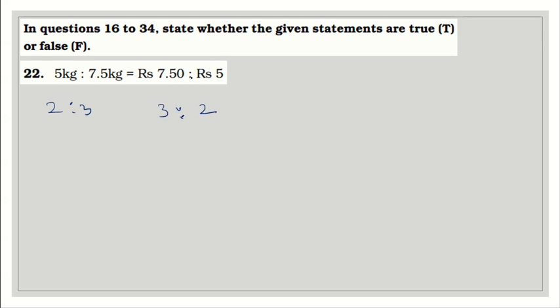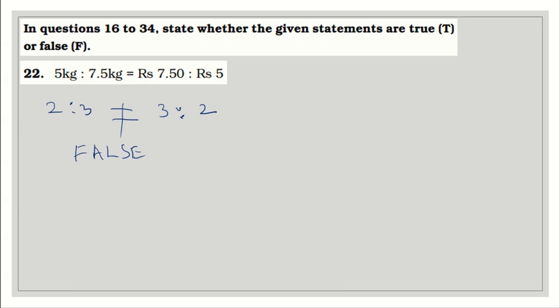So 2.5 rupee 3 times gives you 7 rupees 50 paise. Are these two equal? 2 is to 3, is it equal to 3 is to 2? No, not at all. 2 is to 3 not equals 3 is to 2. You know 3 3s are 9, not equals 2 2s are 4. So we will not agree with this equality, and we say whatever is the given statement is false.